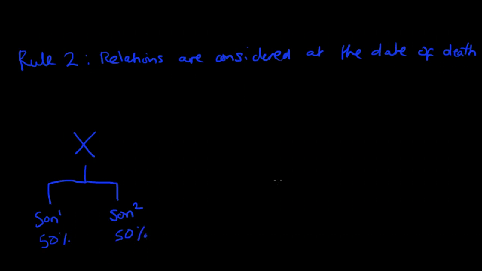But let's say for a moment that X passed away on the date of death, the 1st of January 2012, but the day before, son 1 passed away.